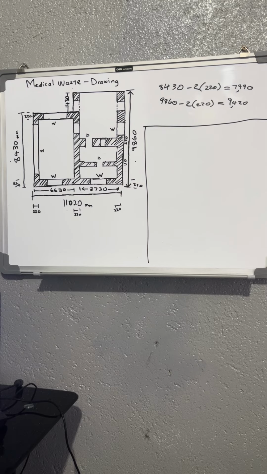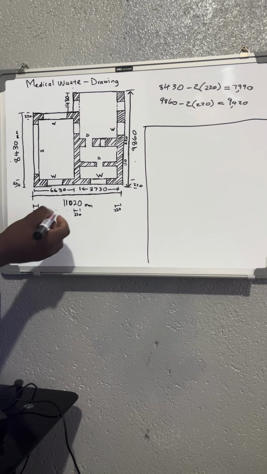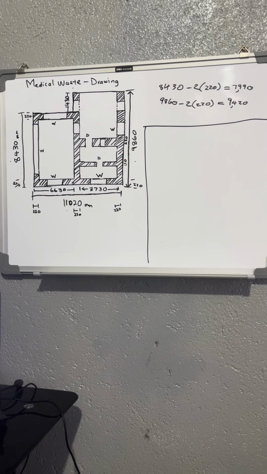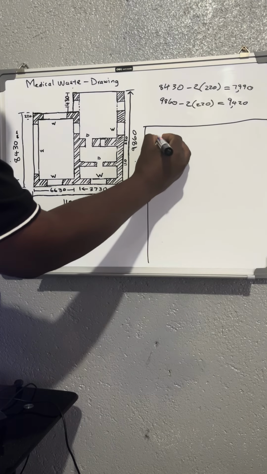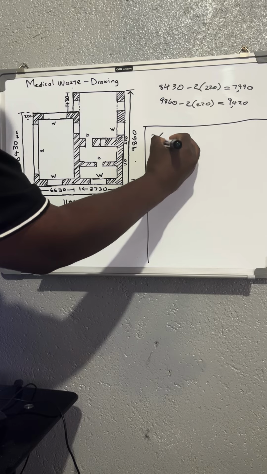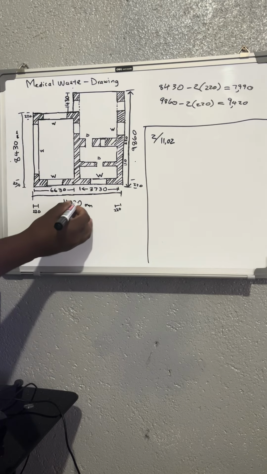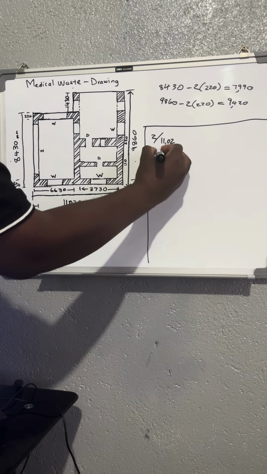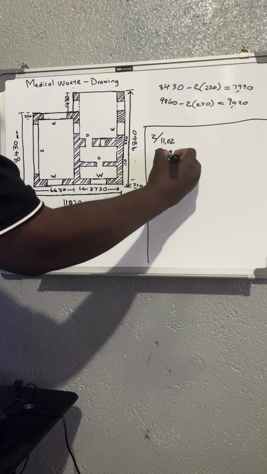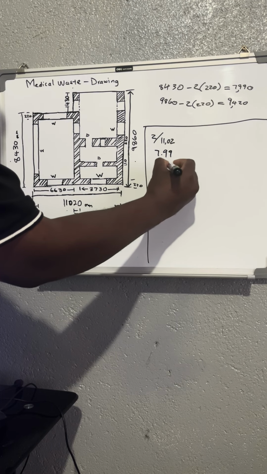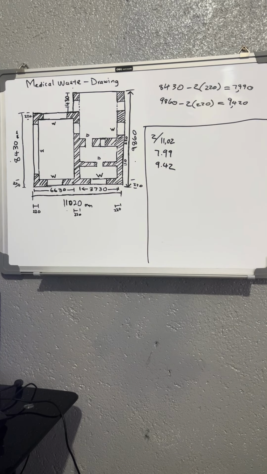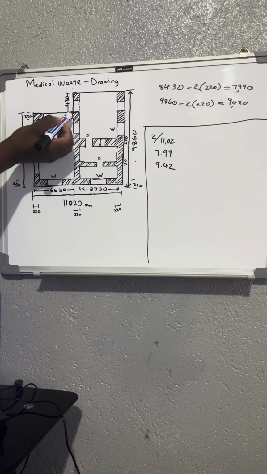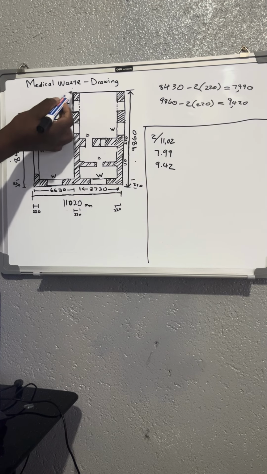So our final calculations will say, remember the length or the longer side, we just take them as they are. We're going to have 2 multiplied by 11.02, which is this side and this side. Then we're going to have our 7.99. Then we're going to have our 9.42. Then we mustn't forget this wall going up.